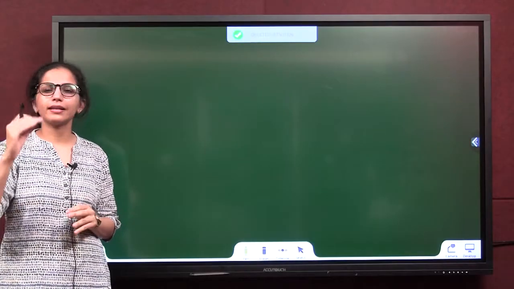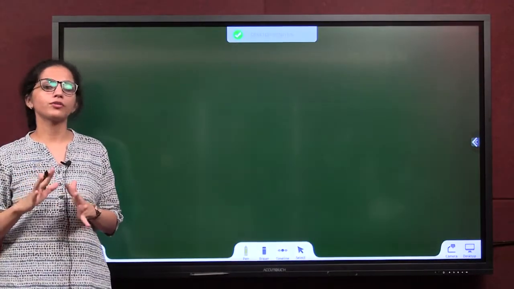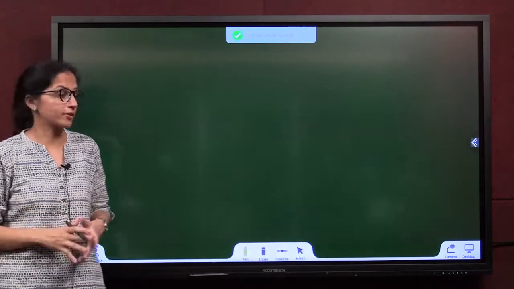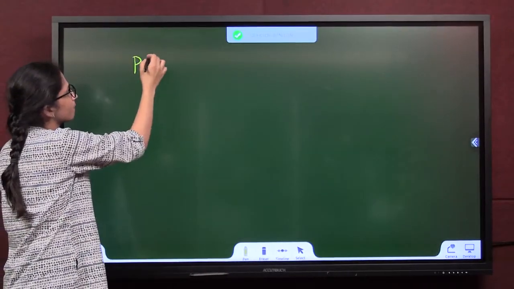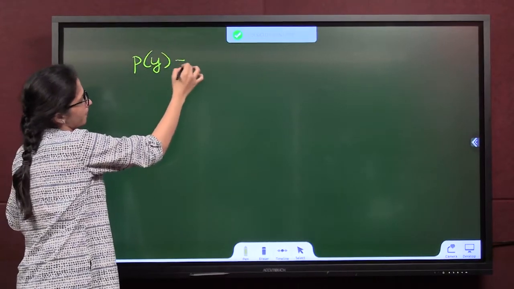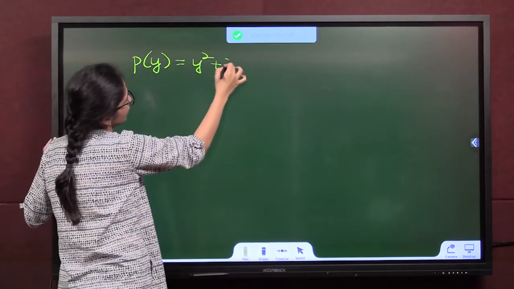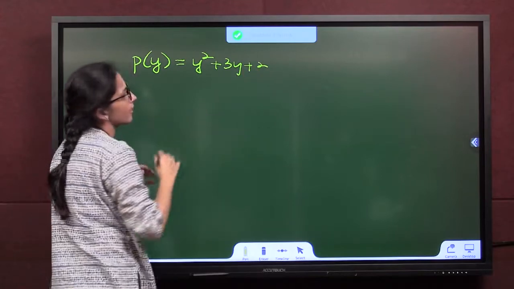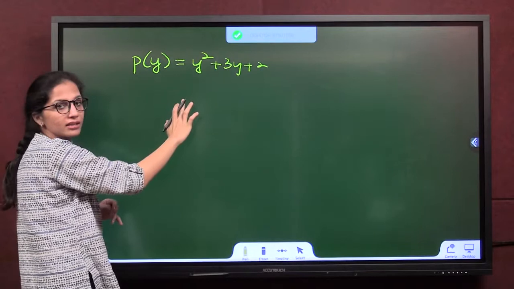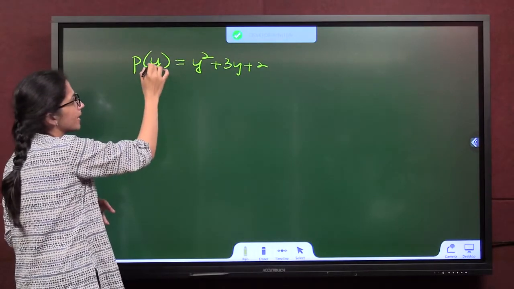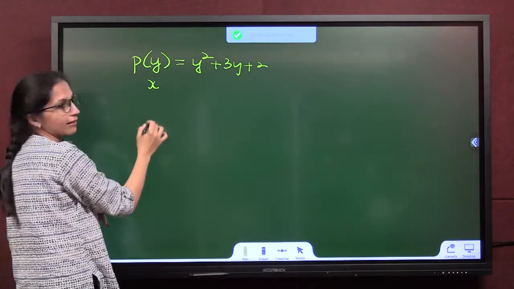This is just a little higher, an extra point for you guys to understand. It's not in your textbook, but it's good to understand this. Let's say instead of p of x I had given p of y, where p of y is equal to y square plus 3y plus 2. Many times what happens, we take this y on the y-axis. P of y will now become x.